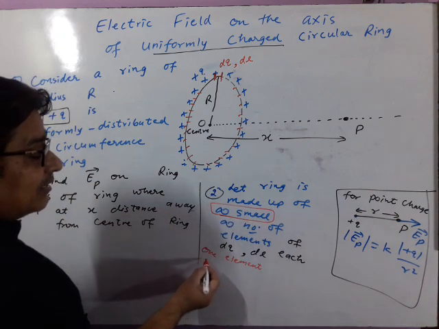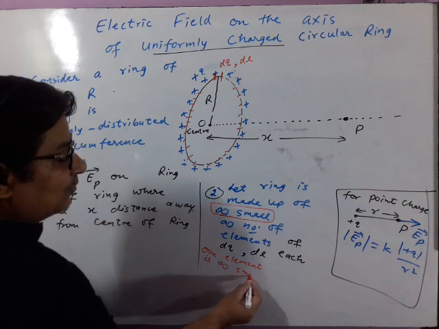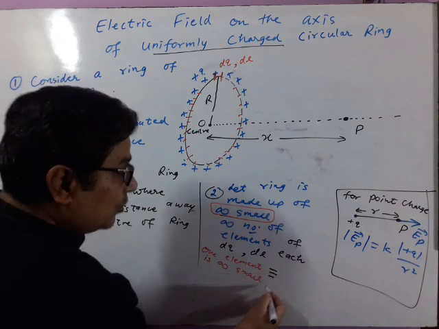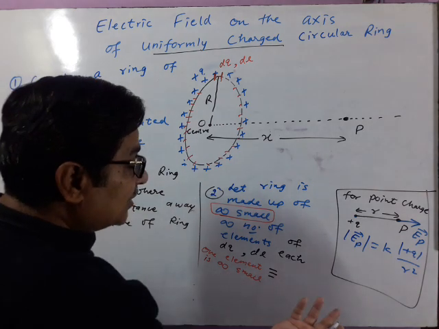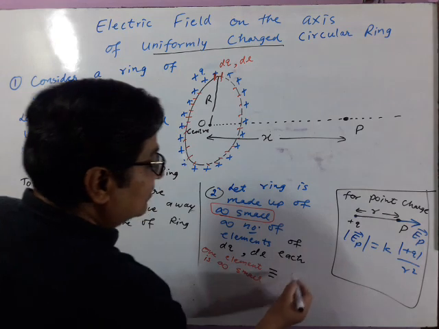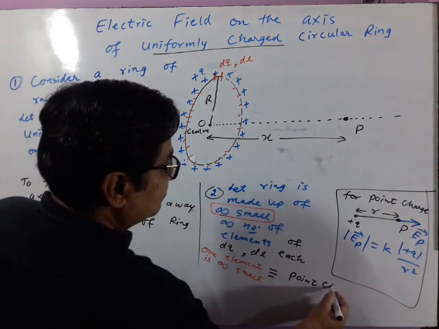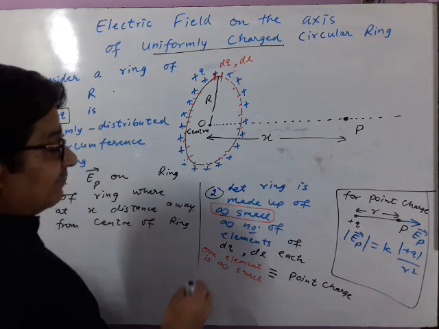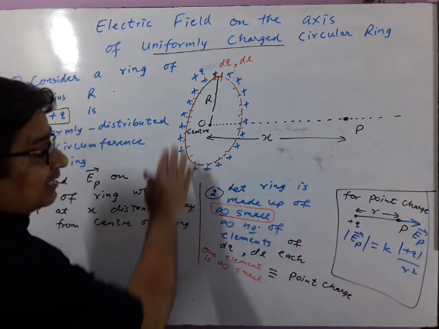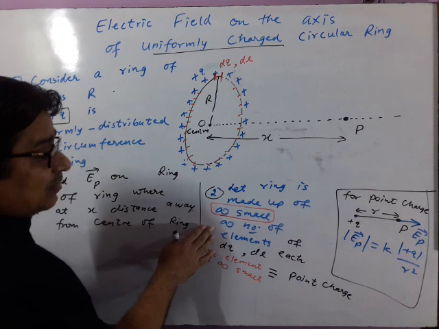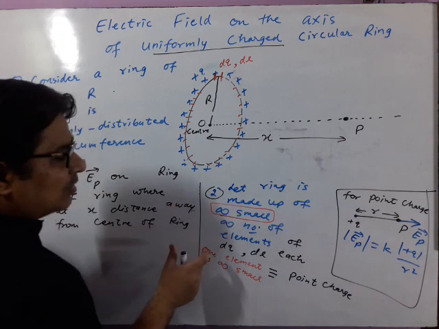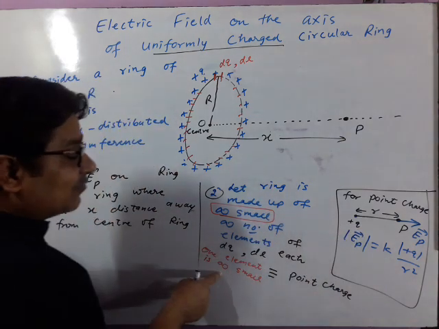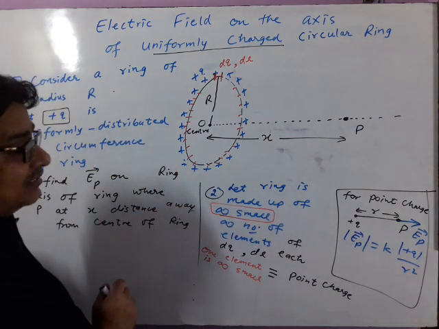So one element is infinitely small, so it is equivalent to a point charge. When you consider it is made up of infinitely small, infinite number of elements, one element is so small it behaves as a point charge. So this formula is valid for each element considered.